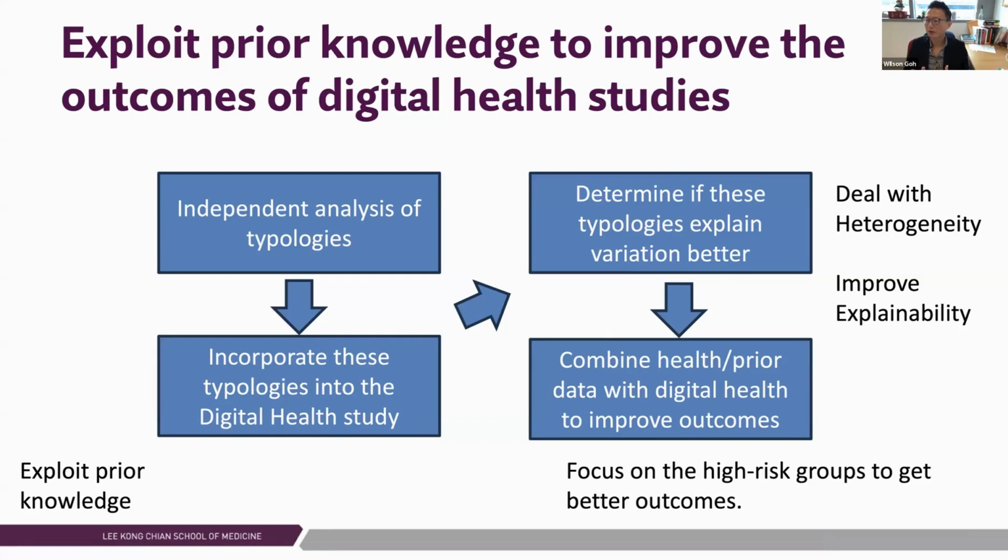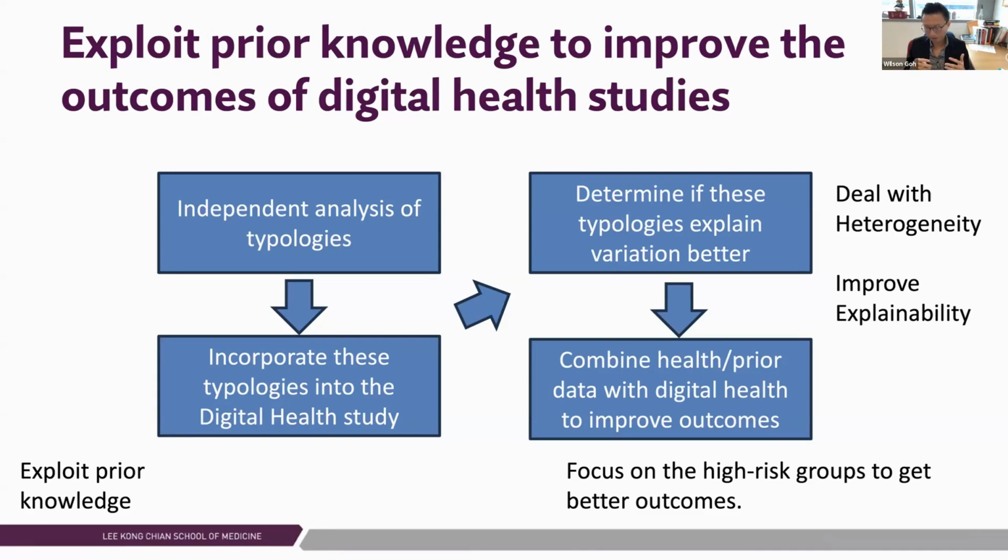In other words, the machines, the technology itself, may not be the issue here. The human heterogeneity or the clinical heterogeneity may be the problem here. So if we can account for these, then the fit to the data would be better, and we will be able to explain any unusual events or any subgroup events better, because we know that these individual students would be at higher risk anyway.